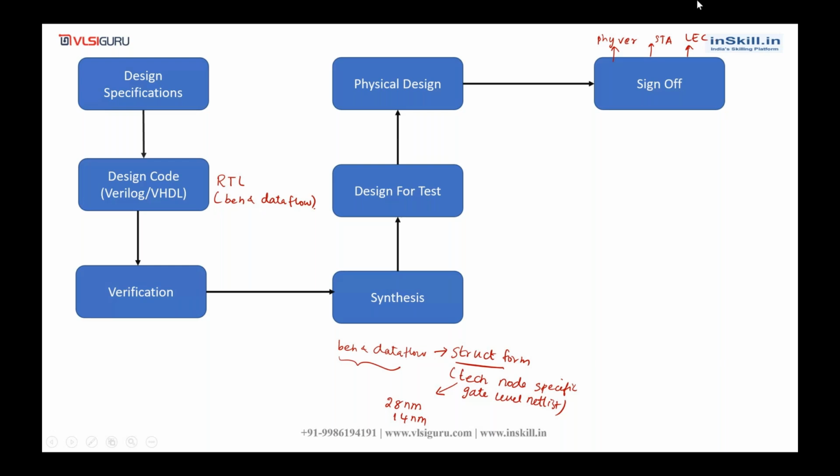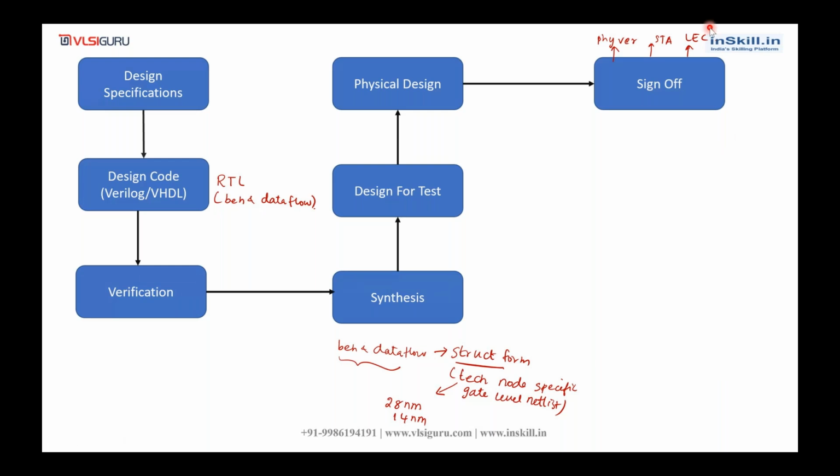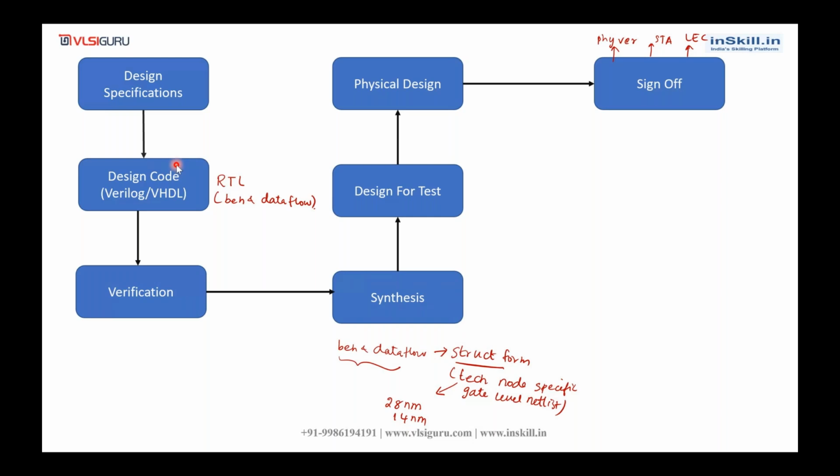So why we need to do this LEC is, if you see in the process of chip design, our chip is undergoing a lot of changes in each and every stage. In the beginning, we first wrote the RTL code, that is the behavioral model or data flow level model code of the chip.